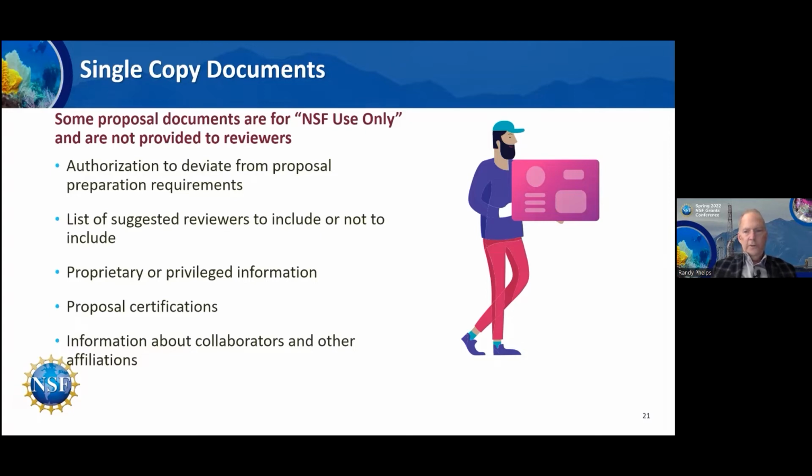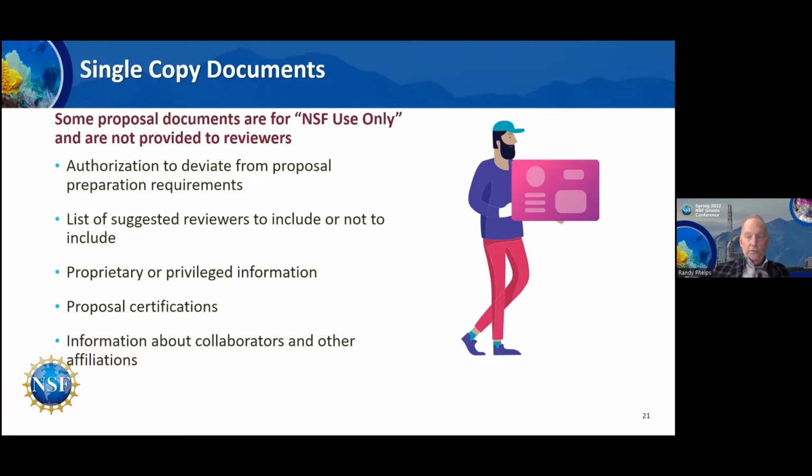With single copy documents, I just want to remind you that these are portions of the proposal that only NSF will see. So make sure that any portion of the proposal that is supposed to be viewable by reviewers is not put in the single copy documents, because that is not going to be seen by those reviewers.